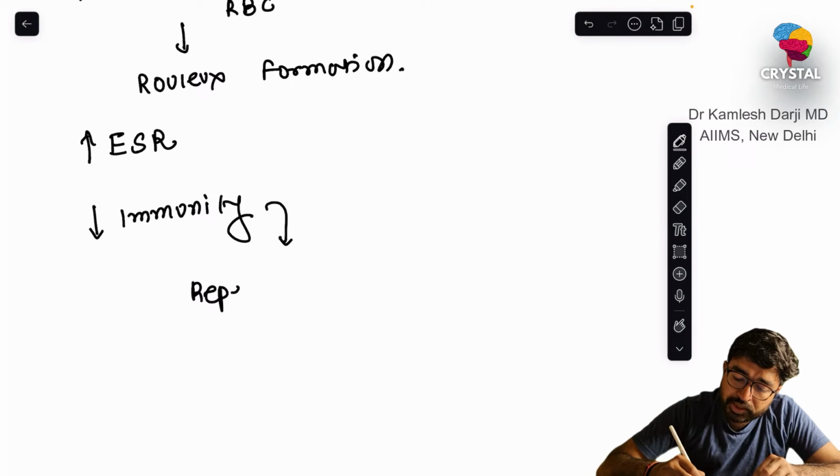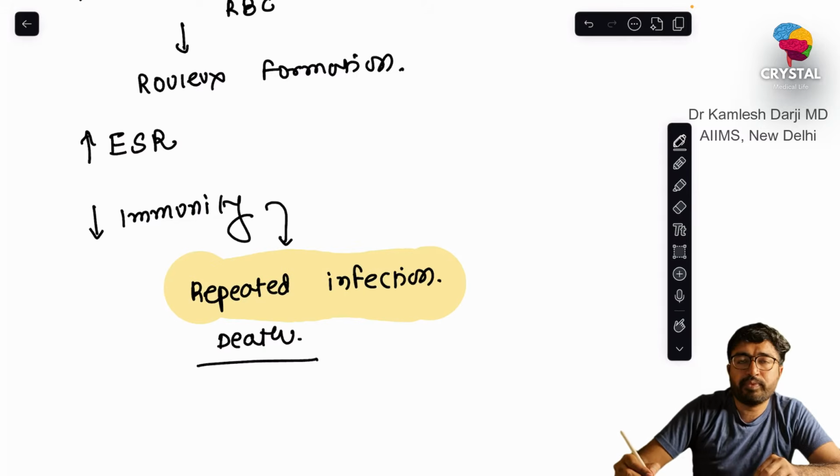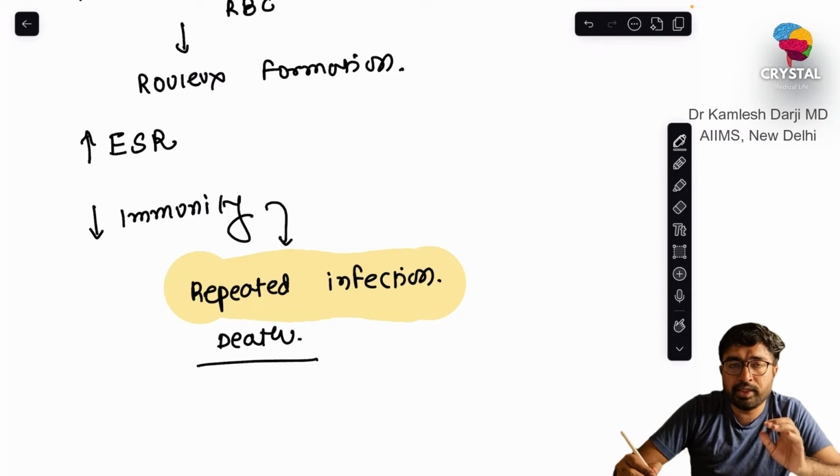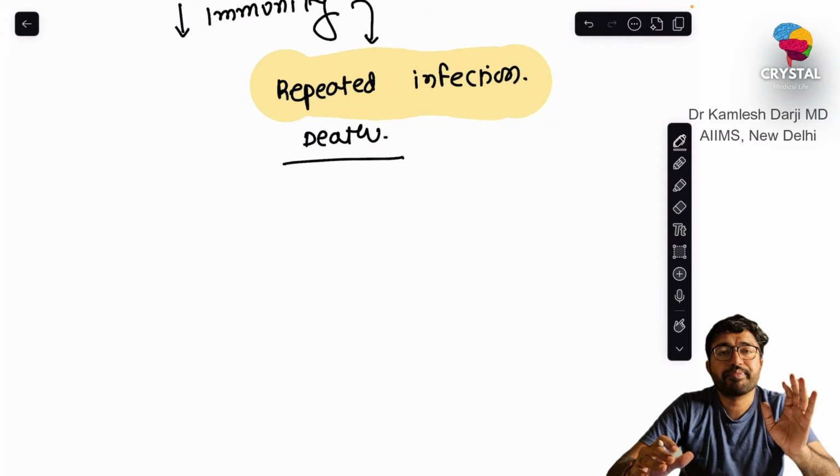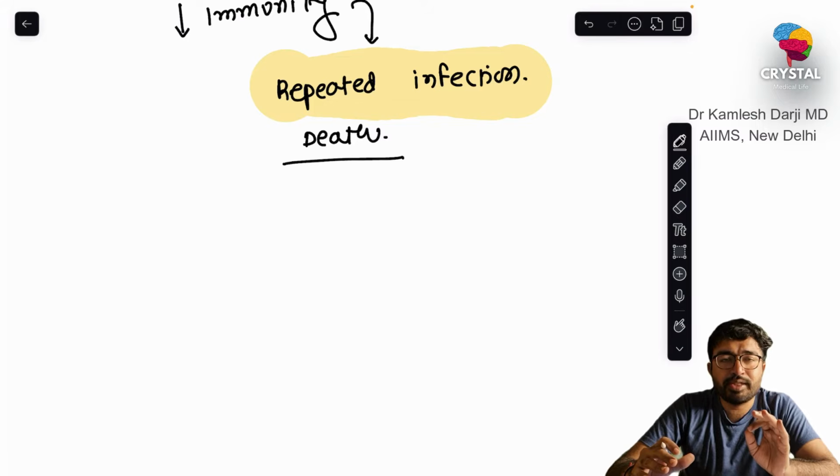You are at risk of repeated infections. Common cause of death in multiple myeloma is repeated infections. You have to find out whether this patient has monoclonal immunoglobulins.